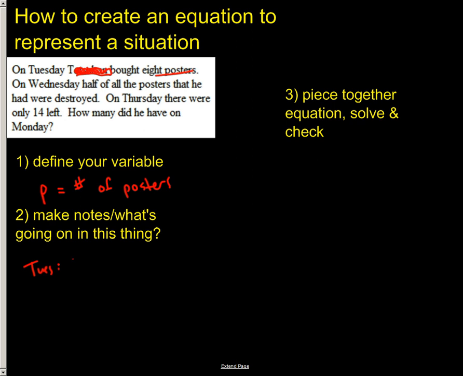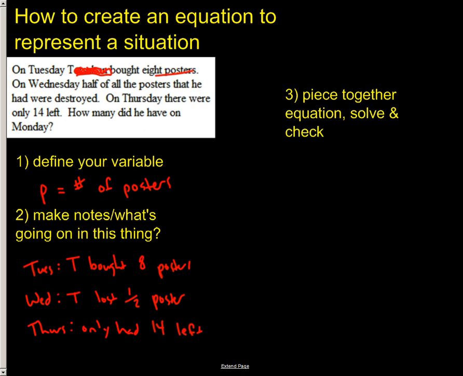T bought 8 posters. Okay. On Wednesday, half of the posters were destroyed. Well, that's not cool. And then on Thursday, only had 14 left.